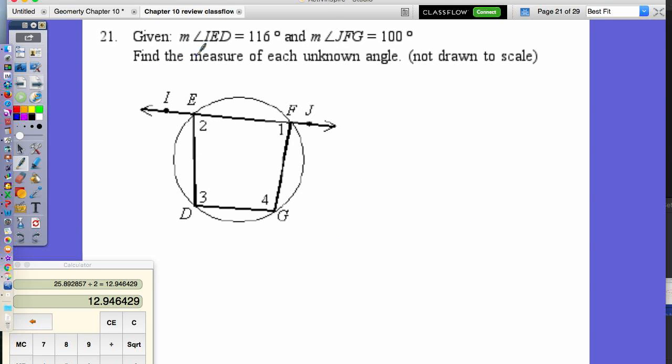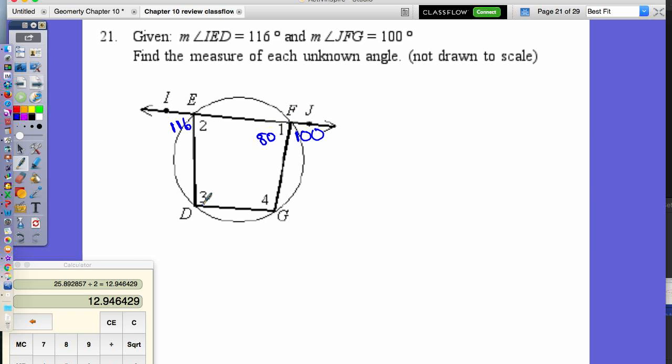For number 21, I'm given that IED, so this angle here is 116, and that JFG is 100. They want me to find the measure of each interior angle. Since it's a quadrilateral inscribed in a circle, opposite angles are going to be supplementary. Angle 1, though, and the 100-degree angle make a linear pair, so they're also going to be supplementary. So angle 1 is 80.